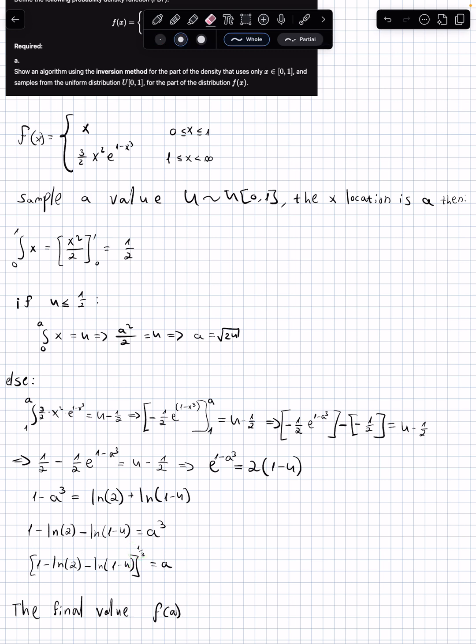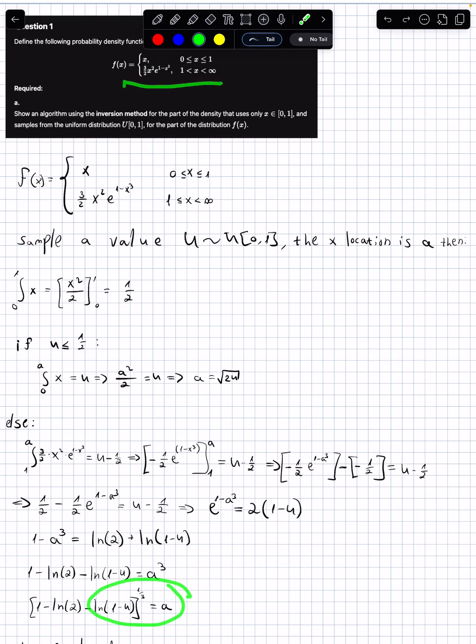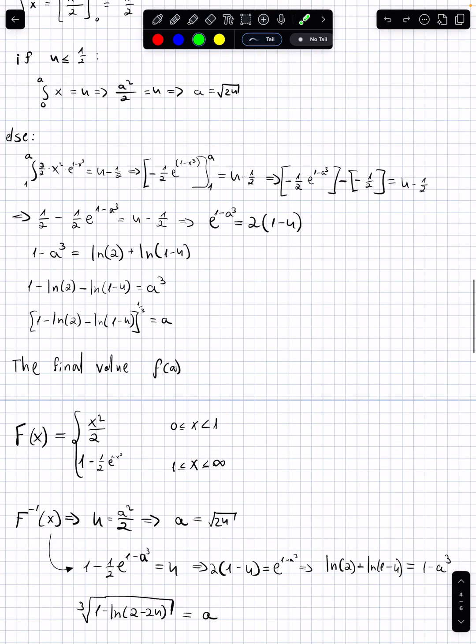So then this will be the x value for f of x. Then we find the value f of a, and this is actually the value we'll be accepting.